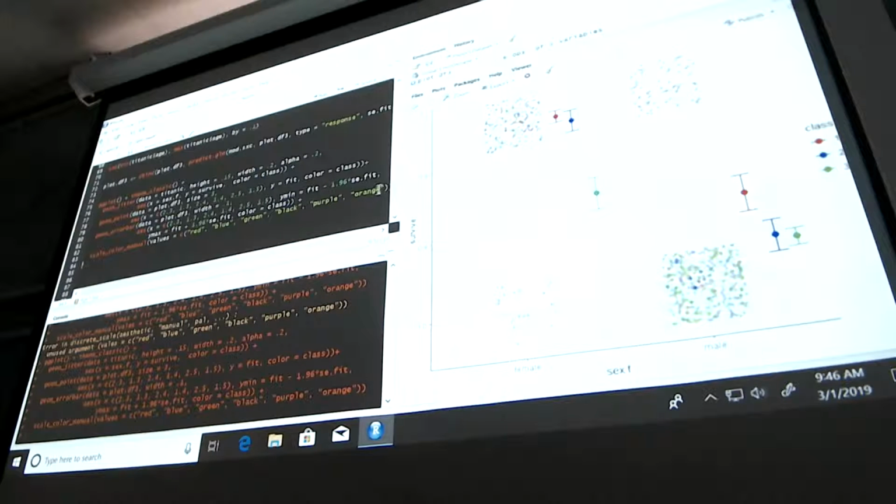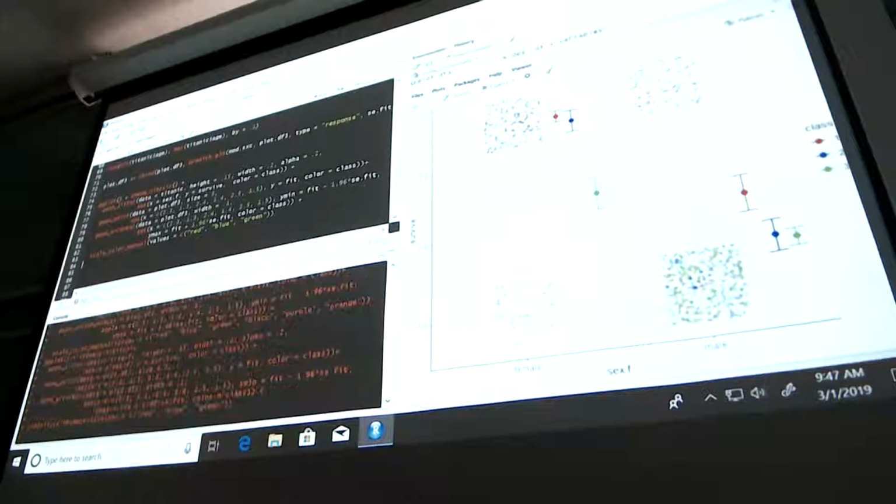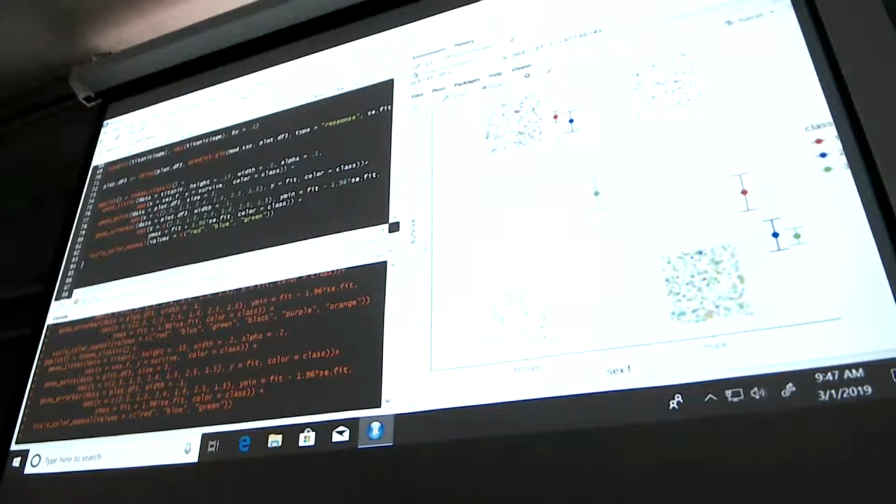Oh, because I colored it by class. Not the other way.